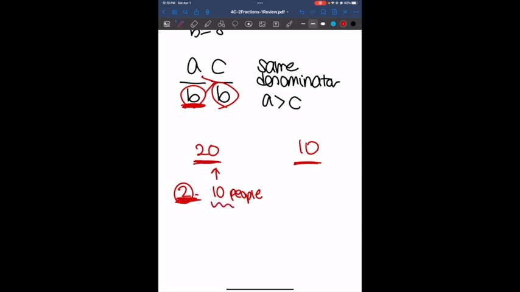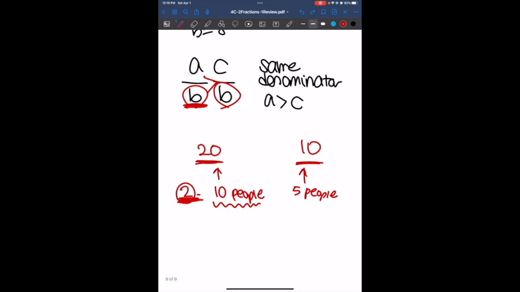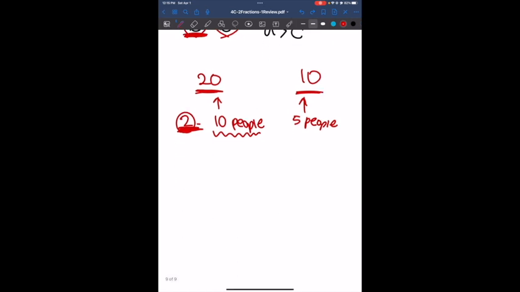But on the other hand, with 10 candies we can only give candies to 5 people because we're dividing by 2, and so this is smaller. So basically, when the denominator is the same, the fraction with the larger numerator is greater.